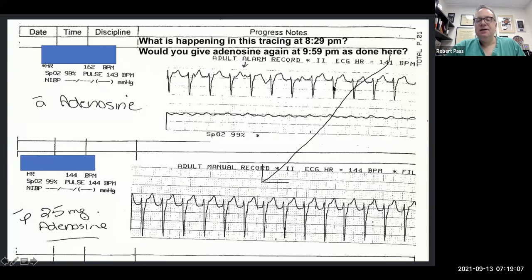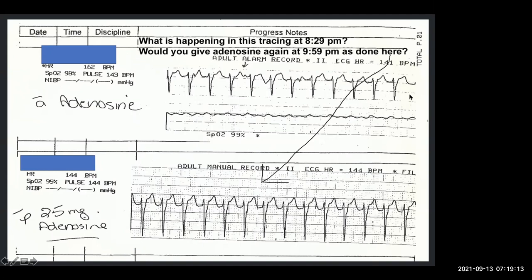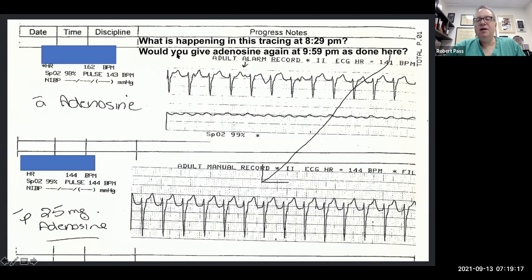Have you noticed any change in the heart rate from the first half of the tracing to the last half? Not really. So what could you say based on this response to adenosine? The heart rate hasn't changed despite giving adenosine.